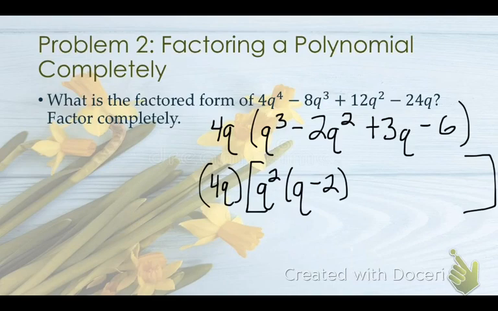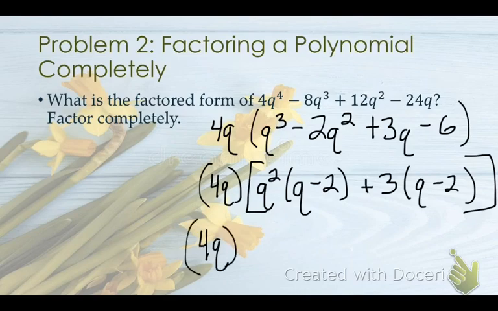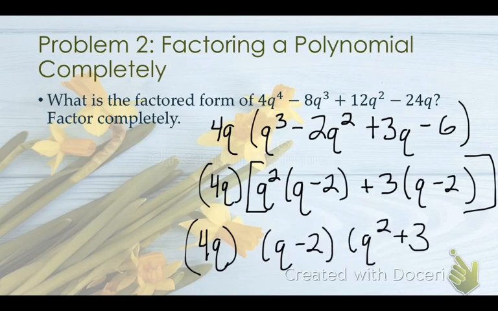On the second half, I can factor out a 3, so I'm going to do that, q minus 2 once again. So for that answer, I've got my 4q still hanging out here in front, I've got my q minus 2, and I've got my q squared plus 3.